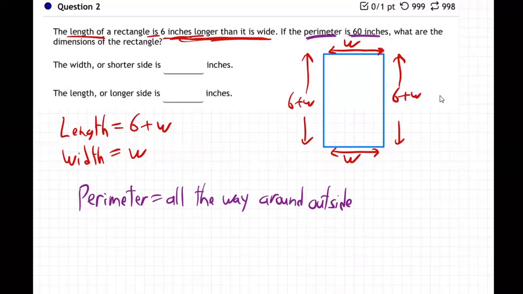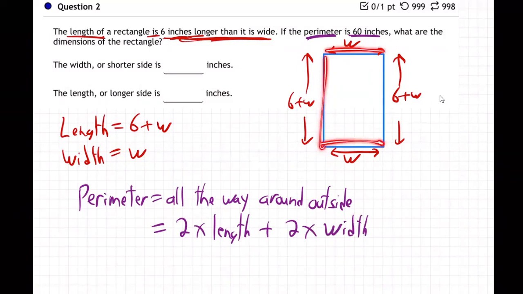So for a rectangle's perimeter, it's going to be 2 times the length plus 2 times the width. Do you see that? All the outside is 2 widths and 2 lengths. Just like that.